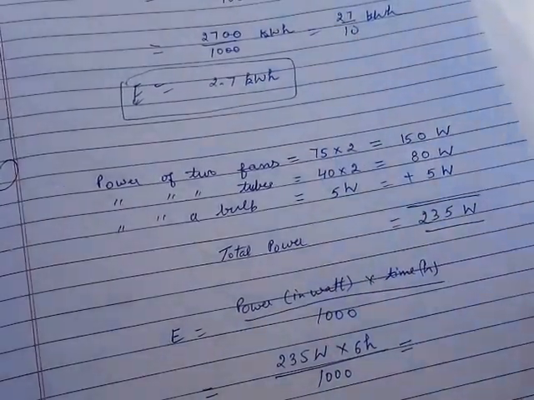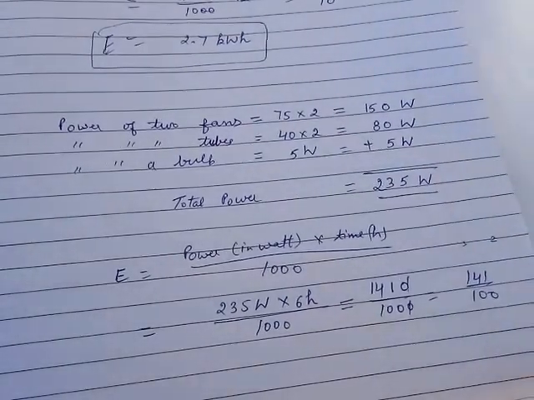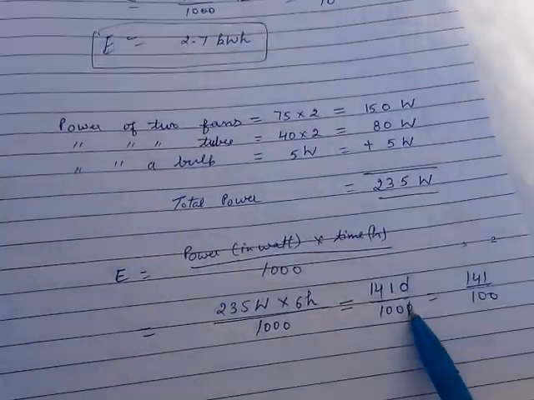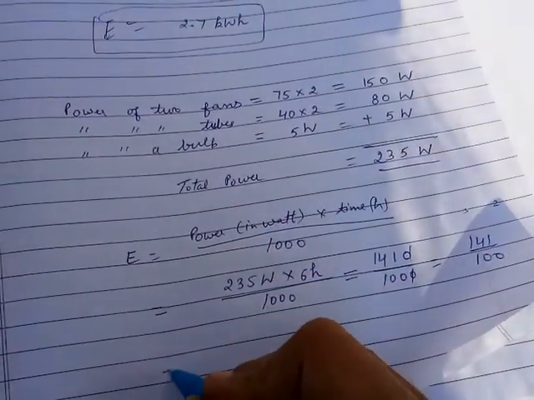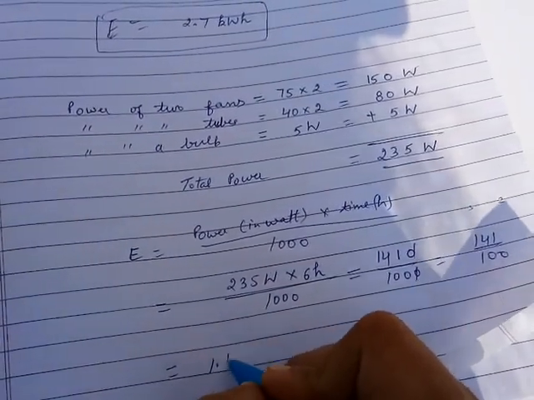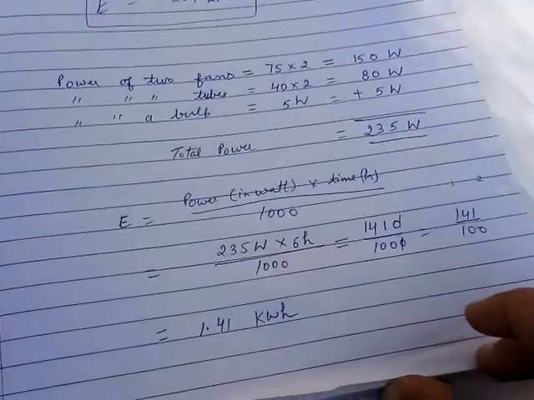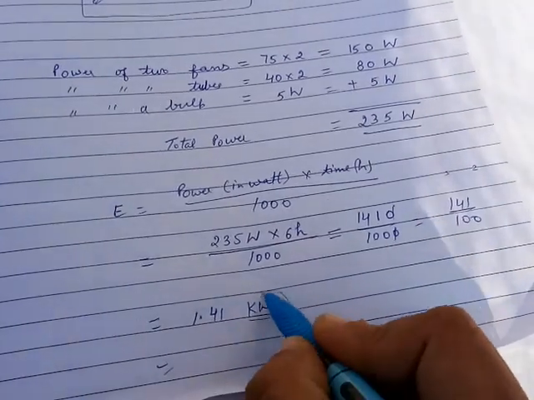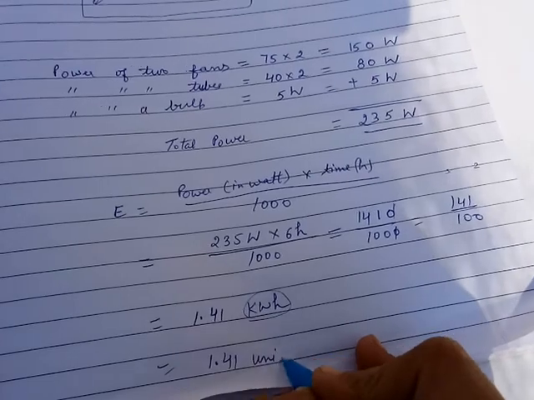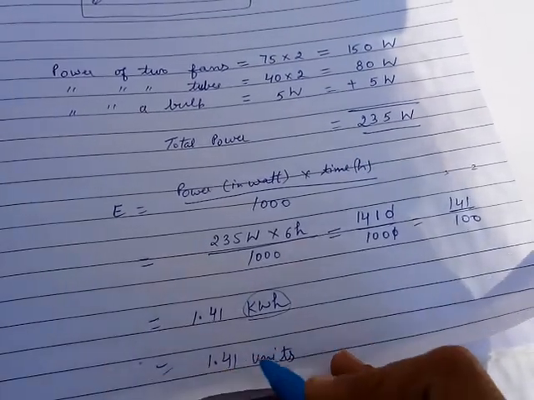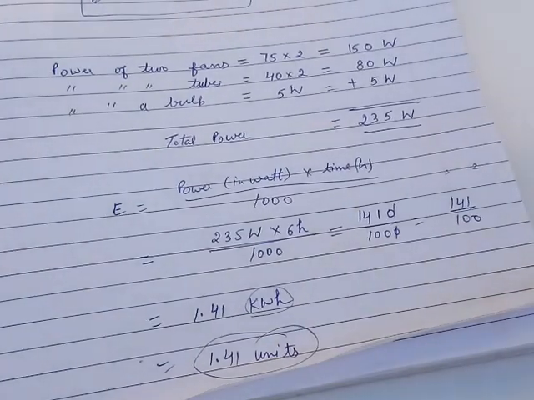After multiplying we have 1410 upon 1000, 0 से 0 cancel, then after solving we have 1.41 kilowatt hour. Okay, now this kilowatt hour is called units. It means 1.41 units consumed by Ashok's room in 6 hours.